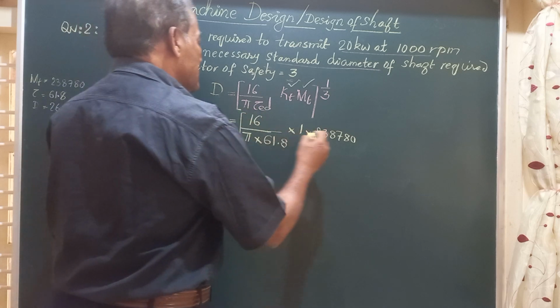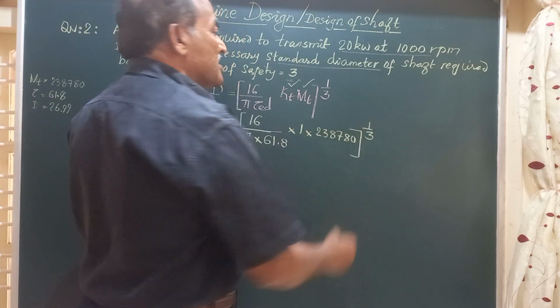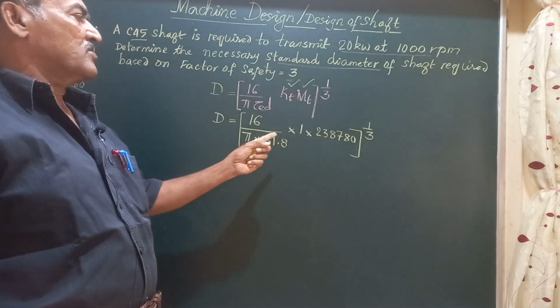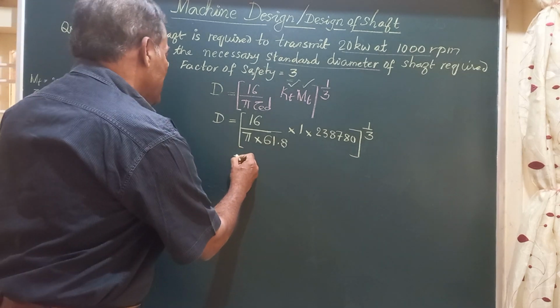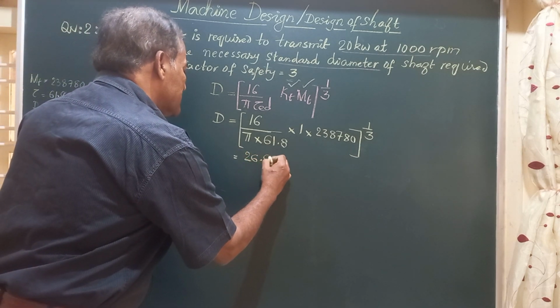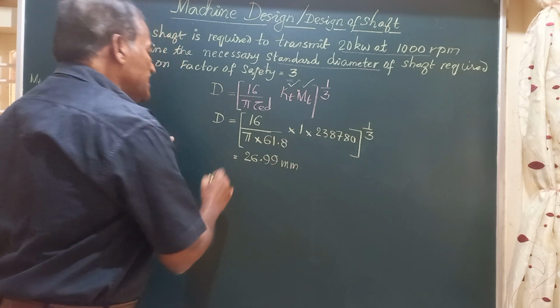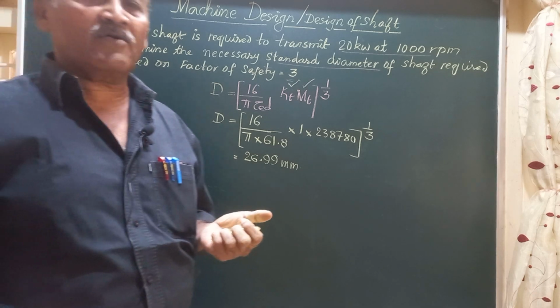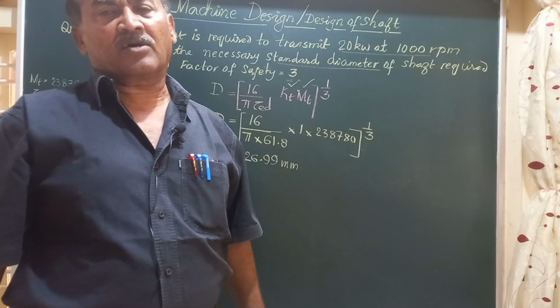The whole thing raised to the power of 1 by 3. And if you simplify this quantity on the right side using the calculator, you get the value of D equal to 26.99 millimeter. So this is the minimum diameter of the shaft required to transmit 20 kilowatts at this RPM.